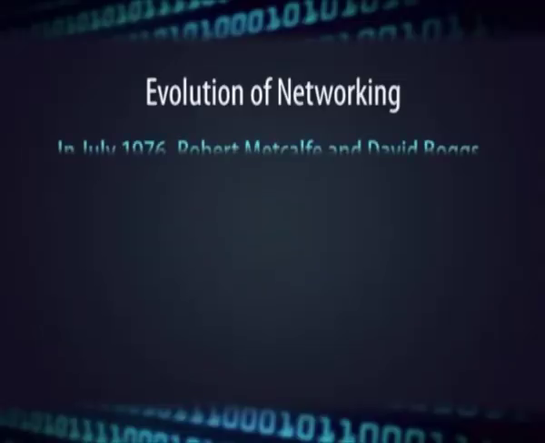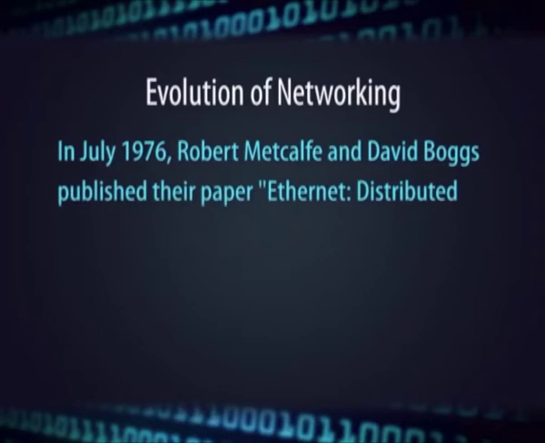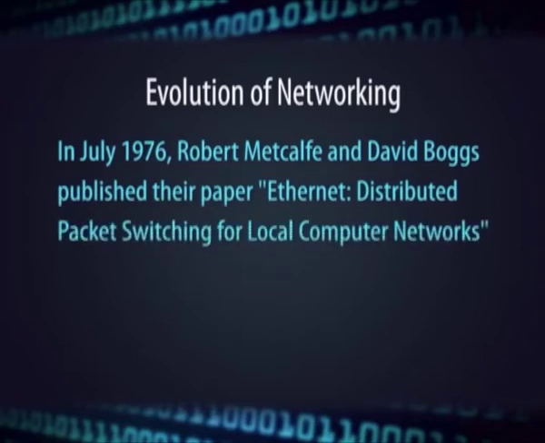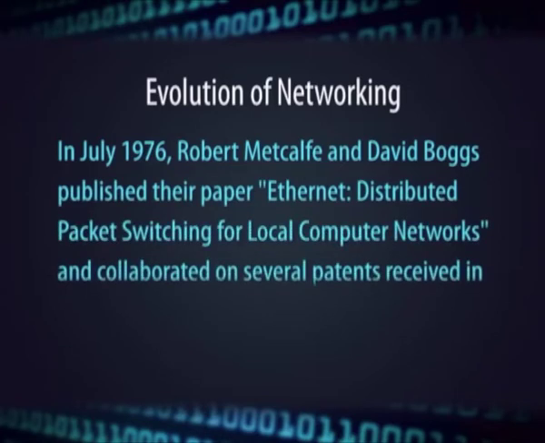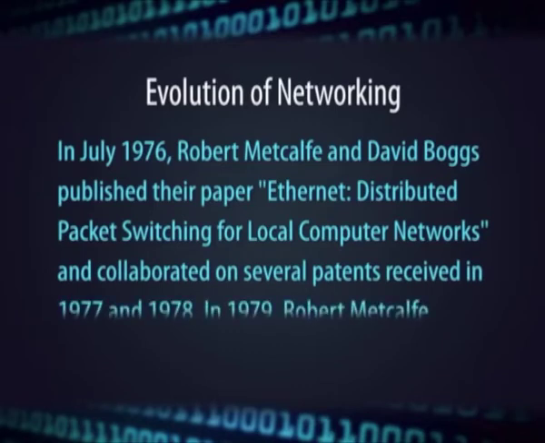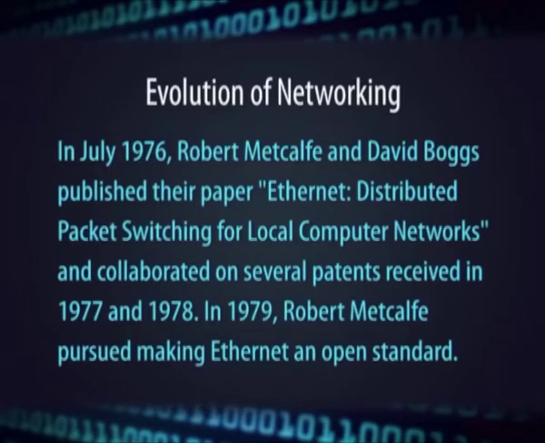In July 1976, Robert Metcalfe and David Boggs published their paper titled Ethernet: Distributed Packet Switching for Local Computer Networks, and collaborated on several patents received in 1977 and 1978.